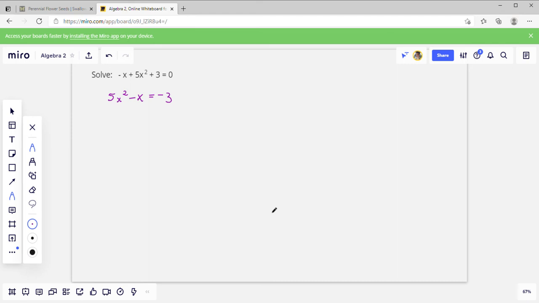Then I'm going to divide by 5. x squared minus 1/5 x equals negative 3 over 5. Now I'm going to do negative 1/5 times 1/2, which is 1/10, and then I'm going to square that. Then I'm going to add that to both sides.